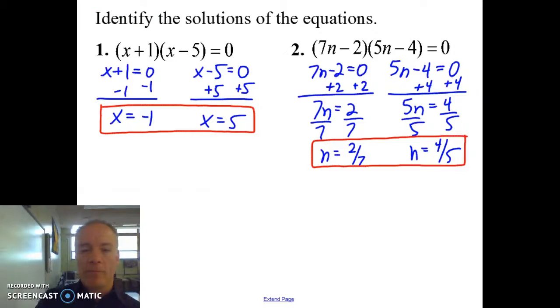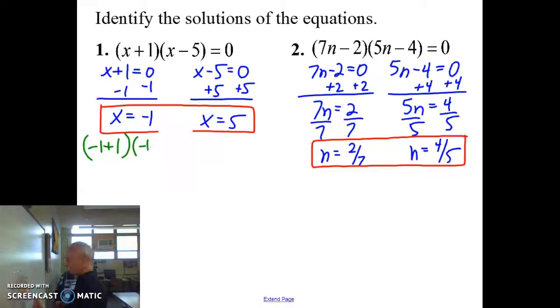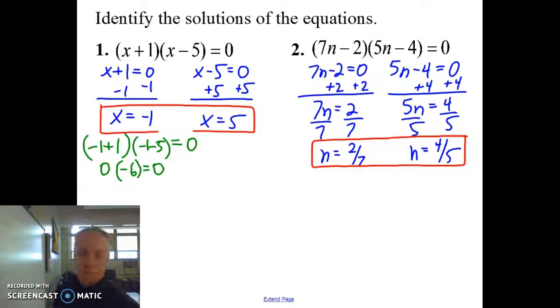Okay, the solutions. In the first example, x equals -1, x equals 5. We set both binomials equal to 0 and then solve for the variable. To check to see if you did it right, substitute -1 in for x. -1 does work.